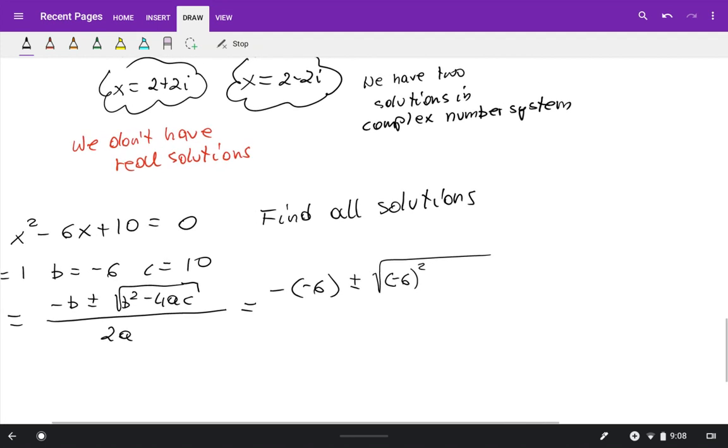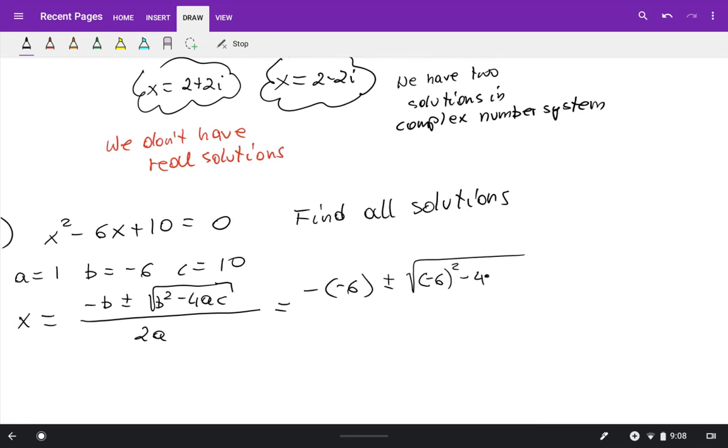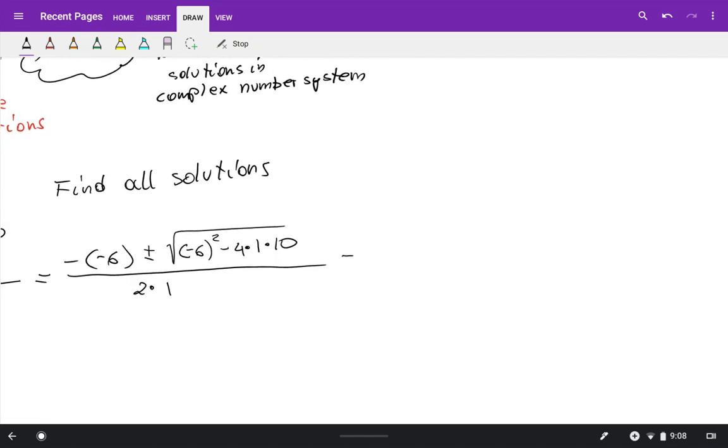All the time, when your number is negative, put it in parentheses when you bring it to the exponent. Minus 4 times a, which is 1, times c, which is 10, and everything divided by 2 times a. Okay, so let's simplify. Two negatives give you a plus, so we'll have 6 plus minus.